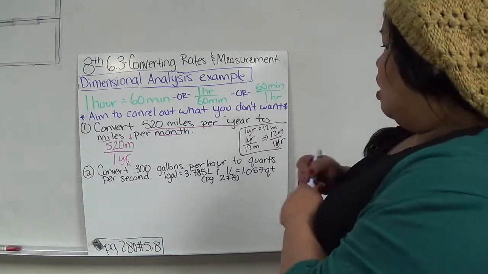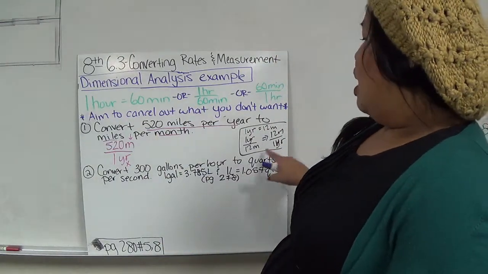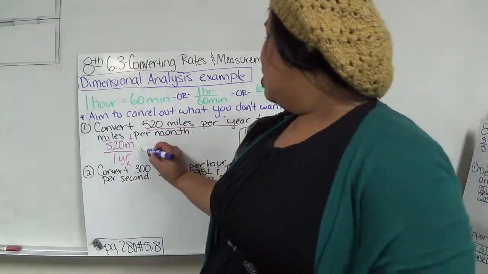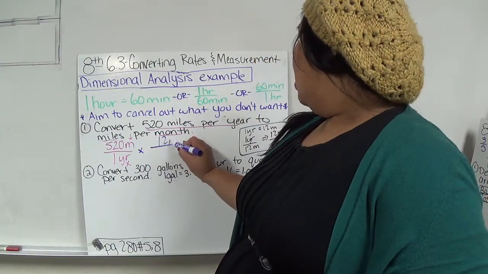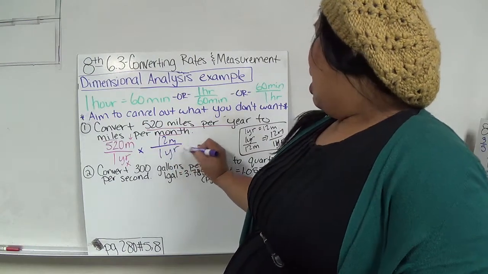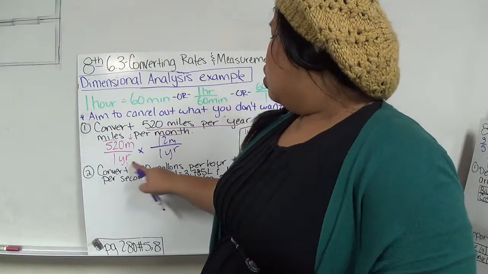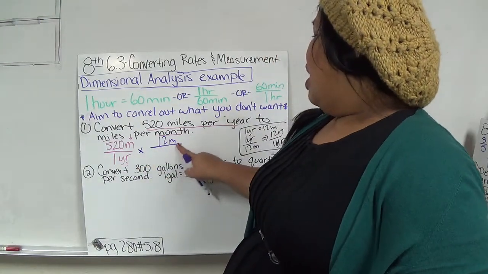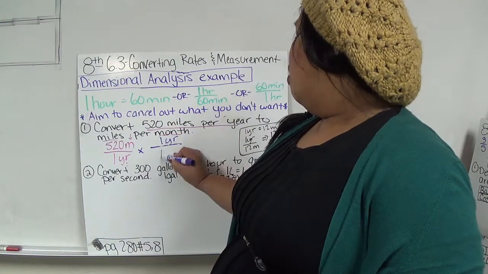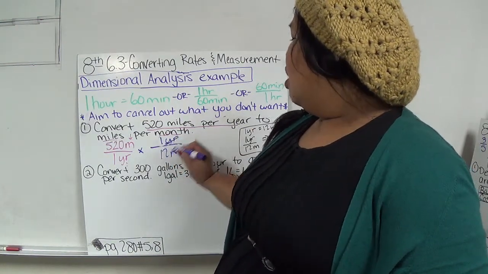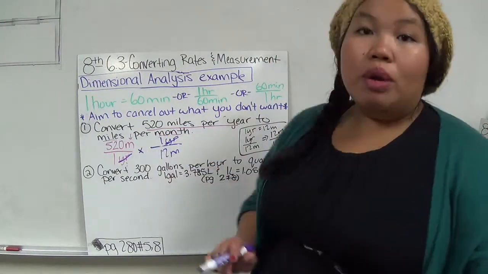If year was in the bottom, then I would have year squared, because I'm multiplying this out. So if I end up using 12 months over 1 year, I'm going to end up with year times year, which is year squared. So what I want to do is, if I have 1 year on top, 12 months on the bottom, this year and this year cancel out, and I end up with miles per month.